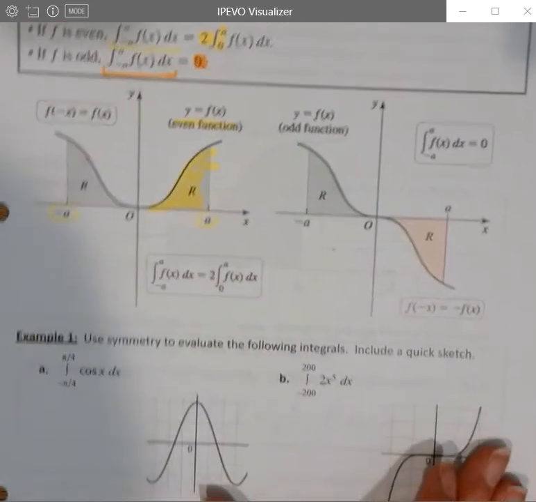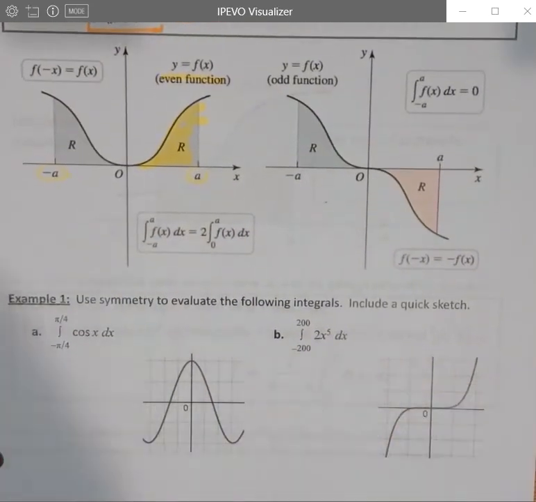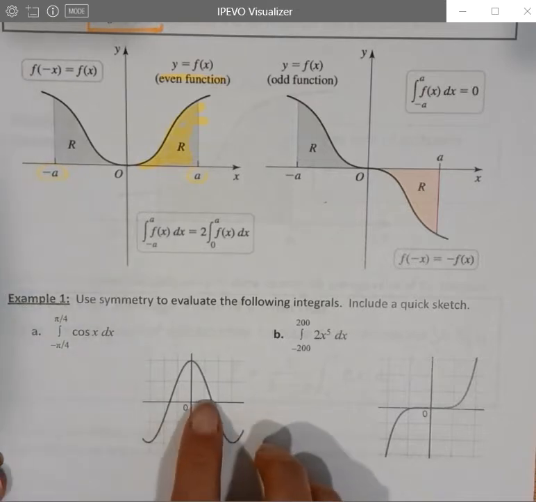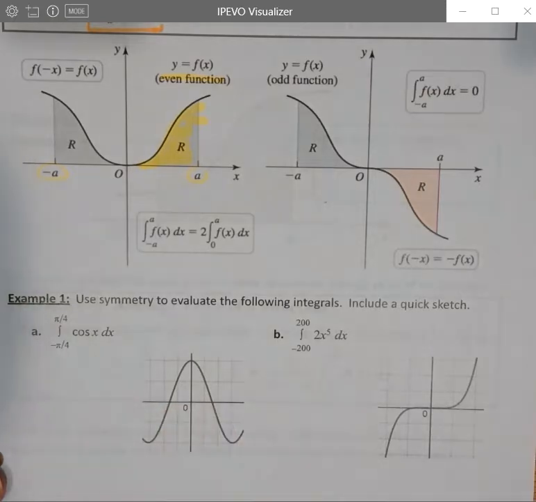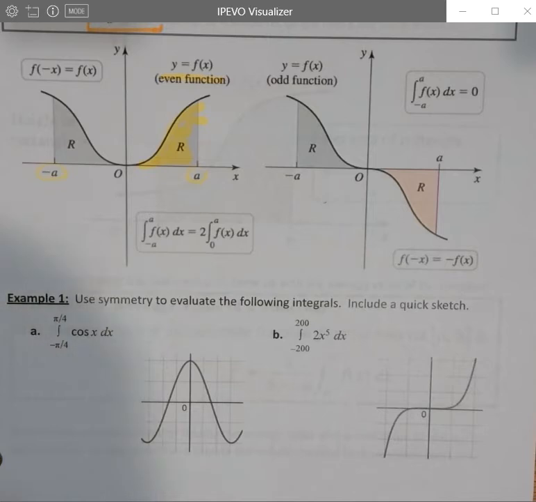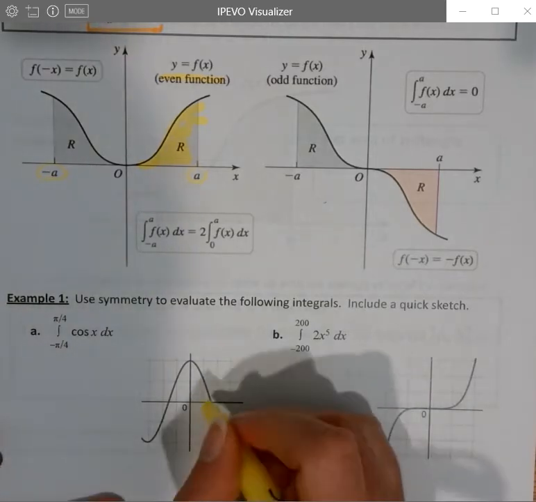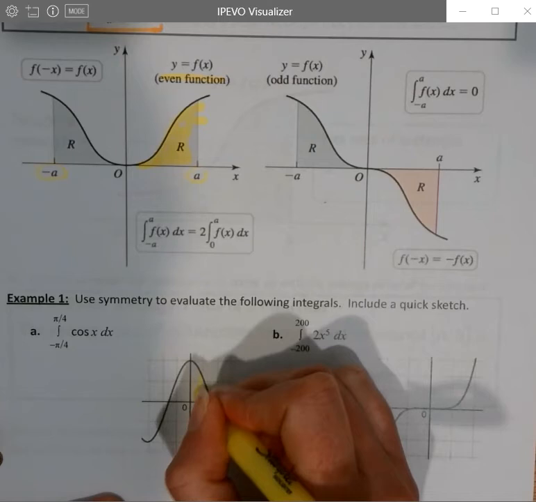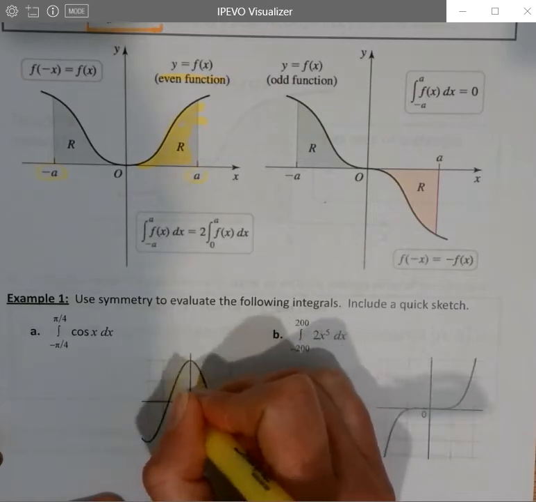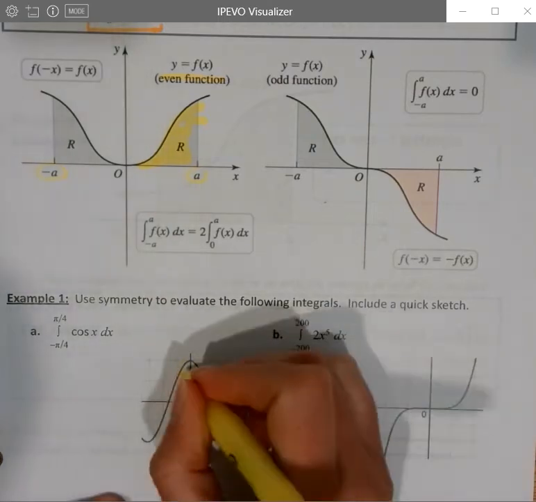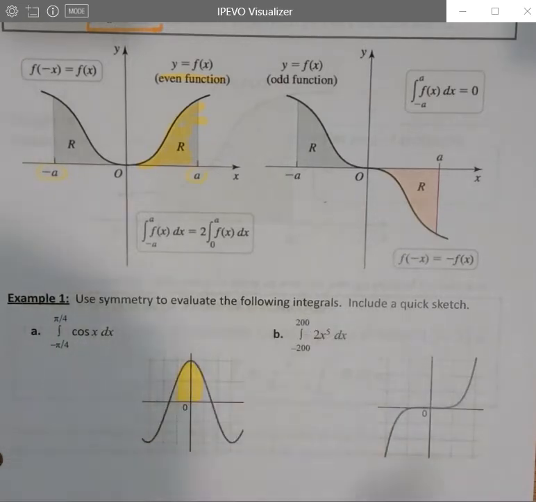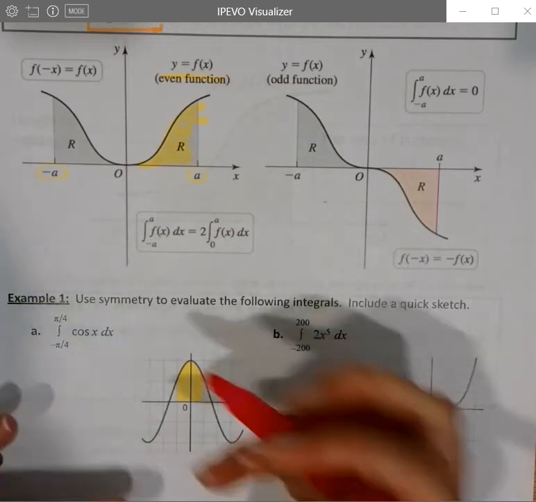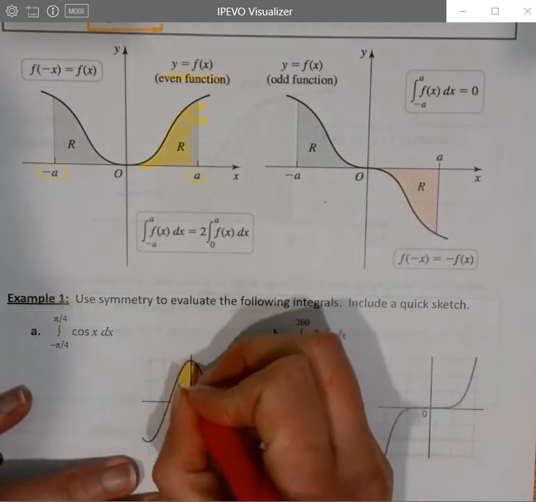All right, so in the example at the bottom, we want to use symmetry to evaluate. So in the first one, this function is even, and since it's going between symmetric bounds, negative pi fourths and pi fourths, I can illustrate this. So on the cosine graph, pi halves would be there, so pi fourths is here-ish. And so instead of integrating the full region from negative pi fourths to pi fourths, we're going to integrate twice in the positive region, and that's going to give us the same thing.